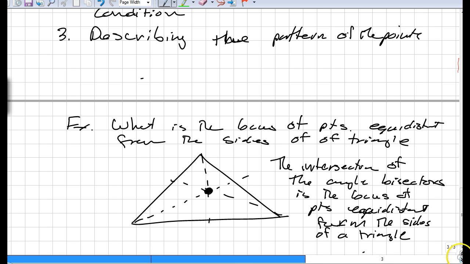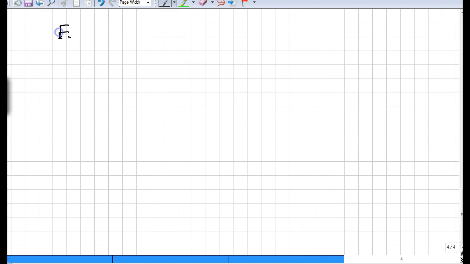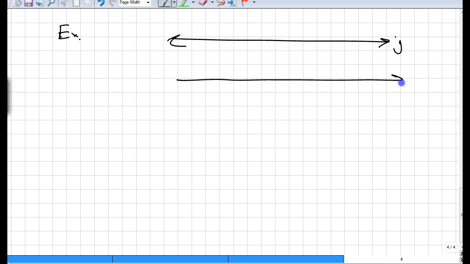Okay, so let's look at example 2. If I have a line J and a parallel line K, what is the locus of points equidistant from J and K? Well, here's a point exactly halfway between.